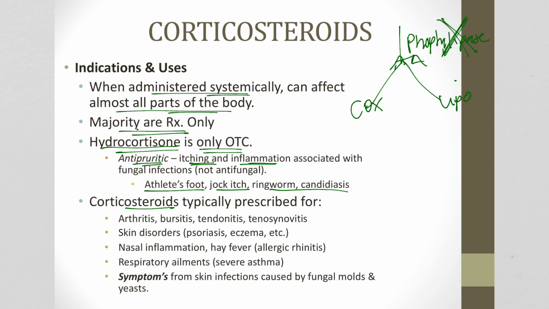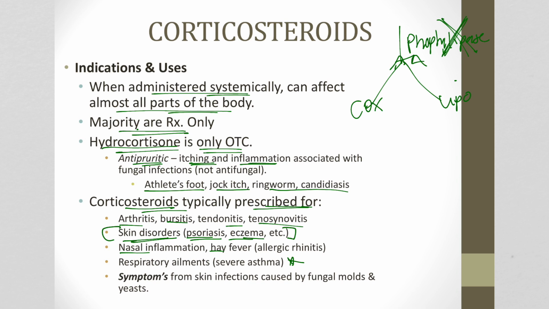Most corticosteroids, at least in the field of athletic training, are going to be prescribed for our itises. That's what I call them: arthritis, bursitis, tendonitis, tenosynovitis. An oral or topical can also be prescribed for skin disorders, psoriasis and eczema, and for nasal inflammation and allergic rhinitis. We'll talk about asthma in its own online lecture.